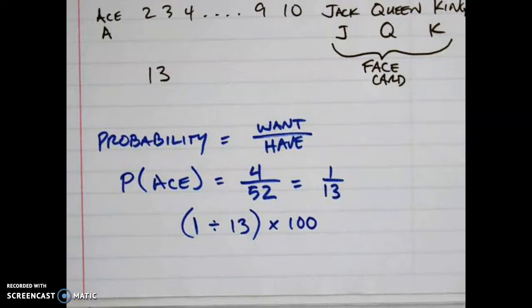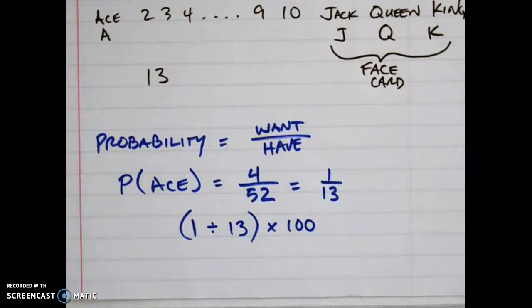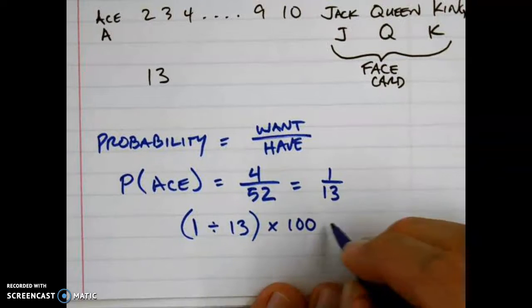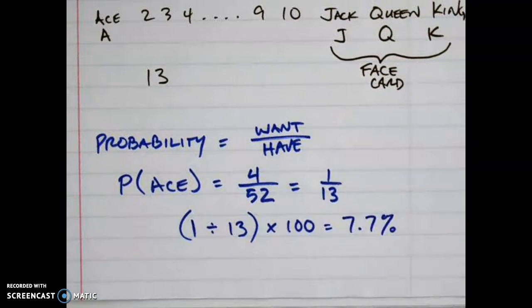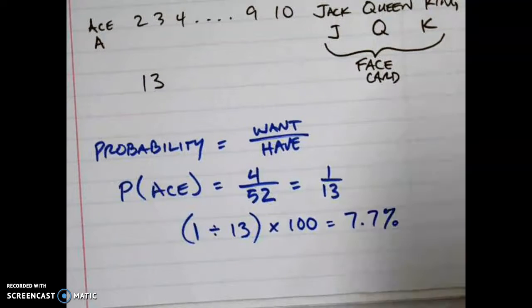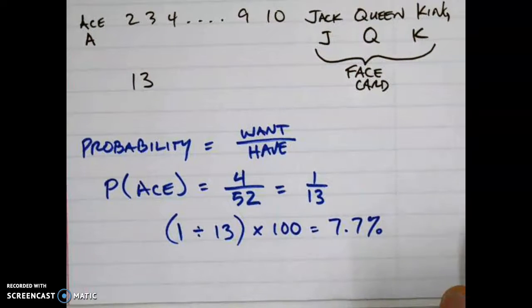I do 1 divided by 13, and then I multiply by 100. And that's going to give you 7.7%. So your chances of getting an ace is 7.7%. Okay?